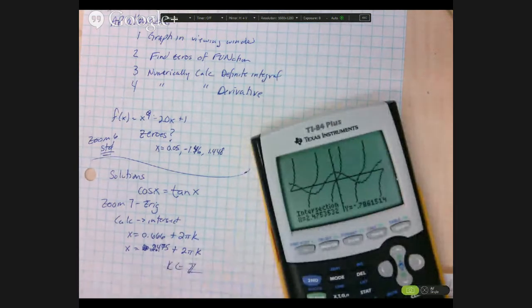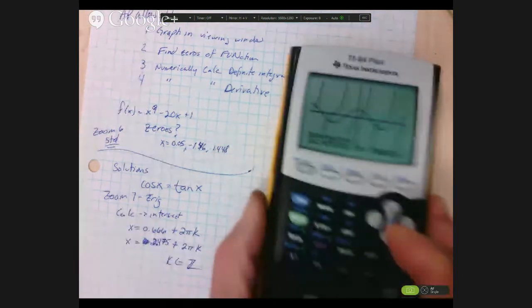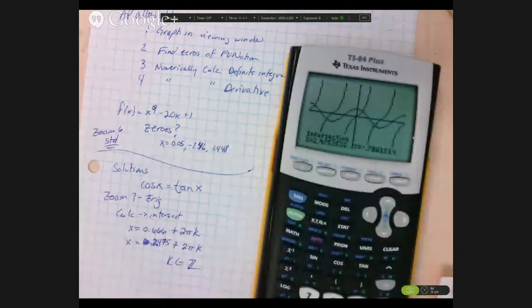That's how you would write that. K is an element of the integers. It's a Z, not an A, okay? Are we good there?